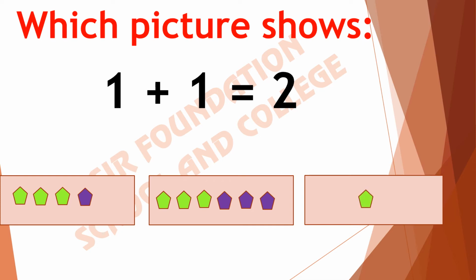In the third picture there is 1 green pentagon and 1 purple pentagon. Now students, can you identify the correct answer? Third one is the correct answer, as there is 1 green pentagon and 1 purple pentagon. There are 2 pentagons in total.